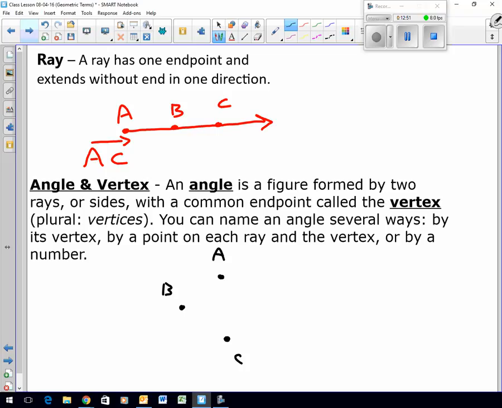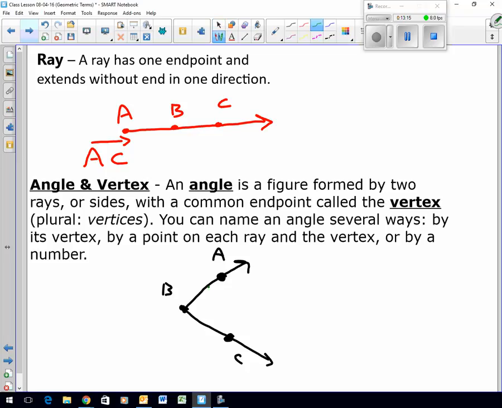What if I create ray BA and ray BC? Okay, I've got ray BA, I've got ray BC. I just formed an angle.